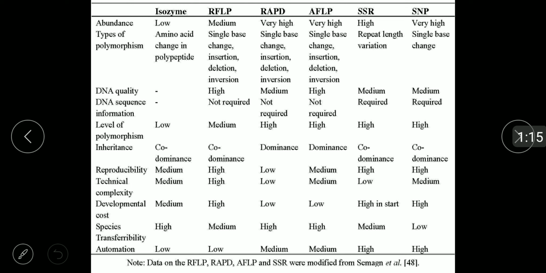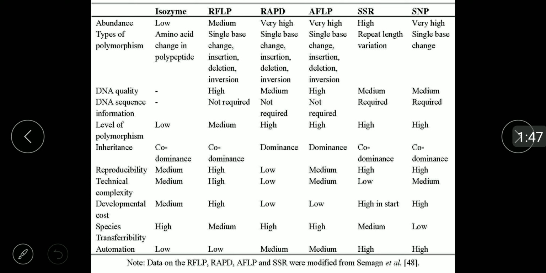For RFLP, polymorphism occurs through a single base change, insertion, deletion, or inversion. The same applies to RAPD and AFLP.